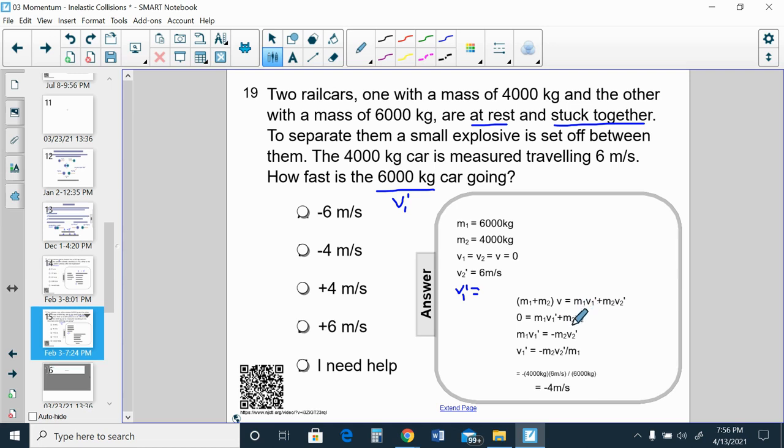Subtract from both sides, so what we end up with is the momentum of object 1 after is equal to the negative momentum of object 2, and that makes sense since after an explosion, we're assuming they will be moving in opposite directions to each other. So solving for velocity, we divide by the mass of 1 on both sides. Putting in the numbers, we end up with negative 4 meters per second as the velocity for rail car 1.